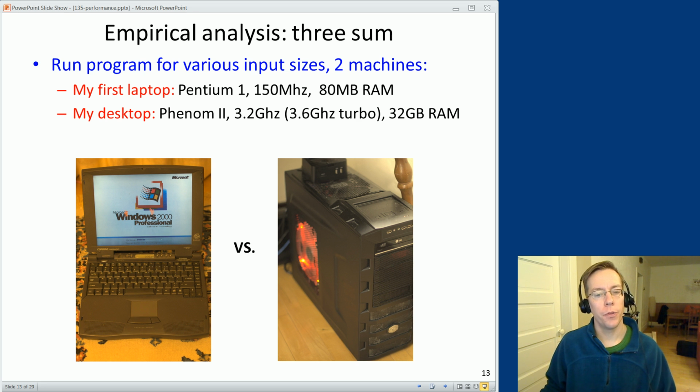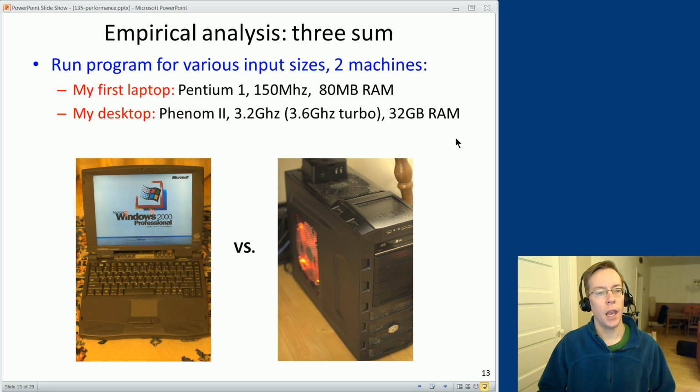I compared that with my more modern, only a couple years old, maybe 2010, desktop with 6 cores running up to 3.6 gigahertz. So this is 150 megahertz, this is 3600 megahertz, right? Did I get that right? Yeah. And 80 megabytes of RAM versus 32 gigabytes of RAM.